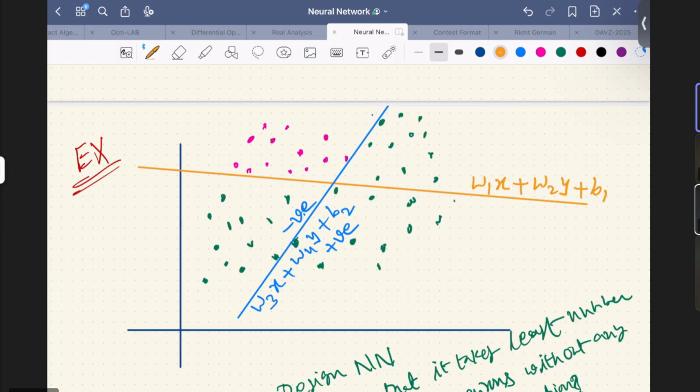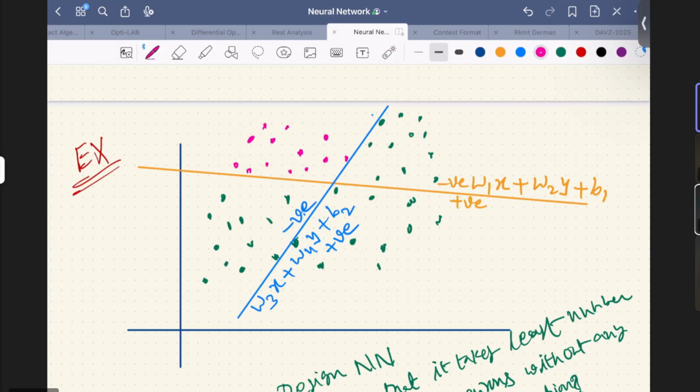For this above line, w1x plus w2y plus b1, which one is positive and which one is negative? Below side is positive, upper side is negative. Okay. Now you will have four combinations for every region. If you take this green region, this pink region, what should the line equations give?